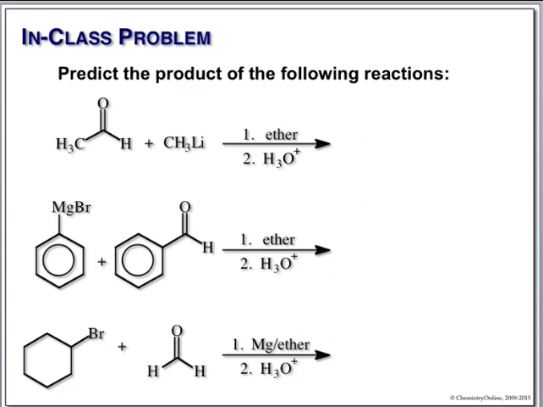Our first one, we have methyl lithium. We have an aldehyde. The methyl group will simply add to the carbonyl carbon. This will become a secondary alcohol, and it is 2-propanol.